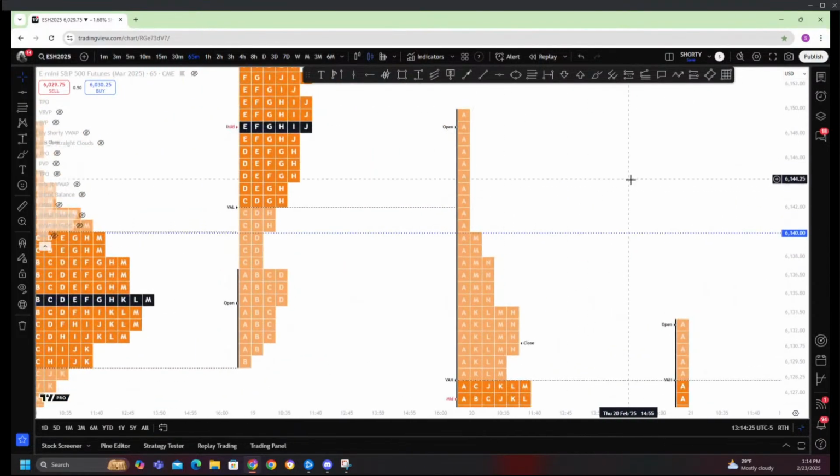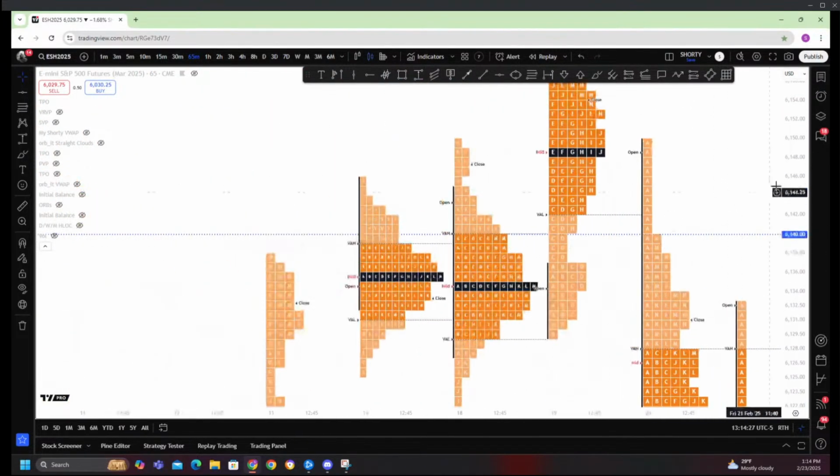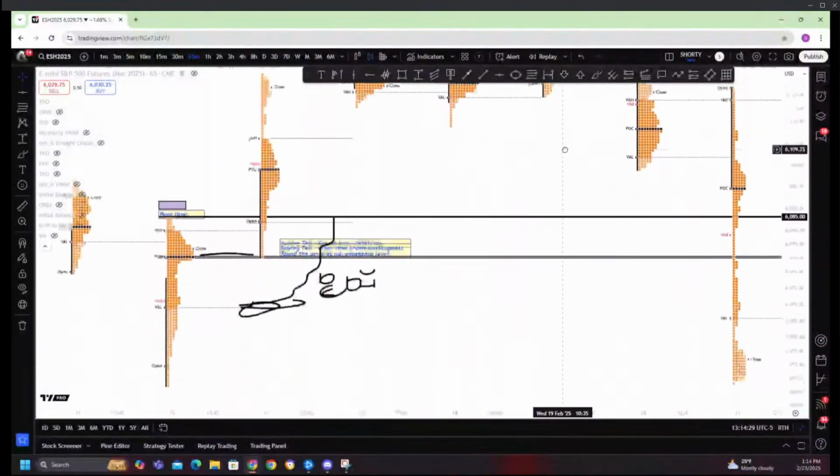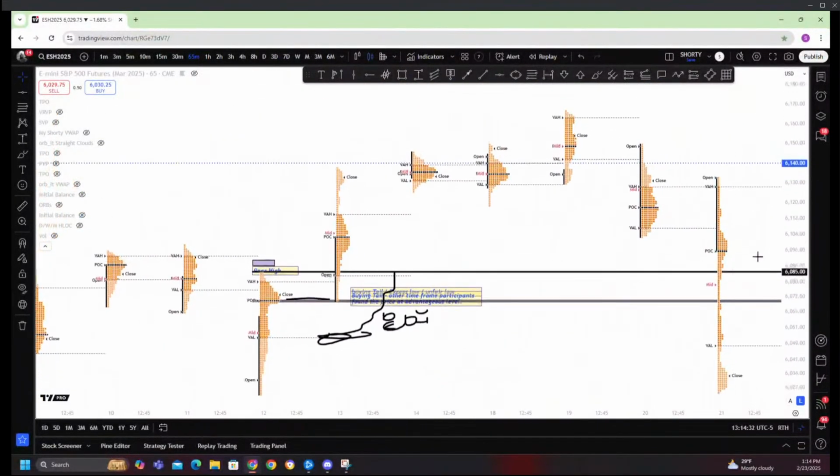That means you went inside, right? It's kind of opposite, actually. If you think about what happened here over the two days, it's totally opposite. So look at this. We came here to the POC, we bounced higher. Then you have this POC here. And what do they do? Isn't it the opposite of what's happening here?